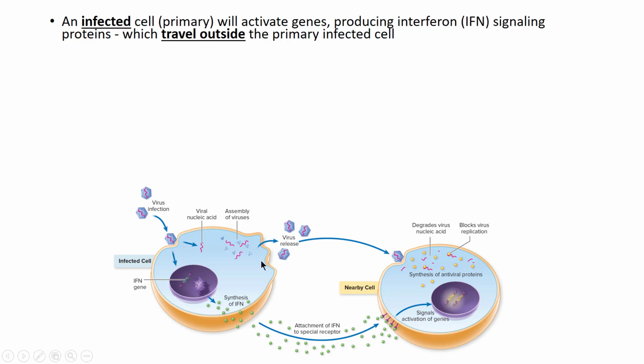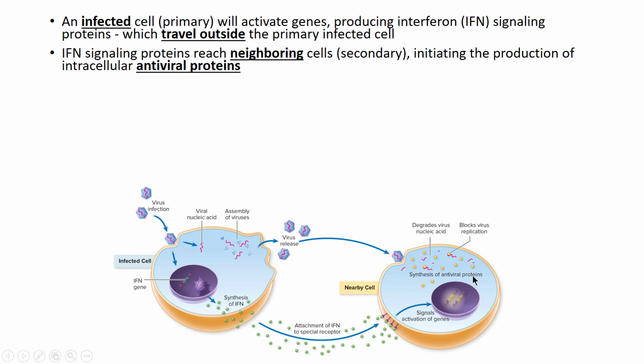That protein travels to nearby cells and binds to specific receptors on these nearby cells. That changes their behavior in a way that's different from the first cell. So the primary cell changes its behavior by releasing IFN. IFN changes the behavior by turning on antiviral proteins or viral degrading proteins.